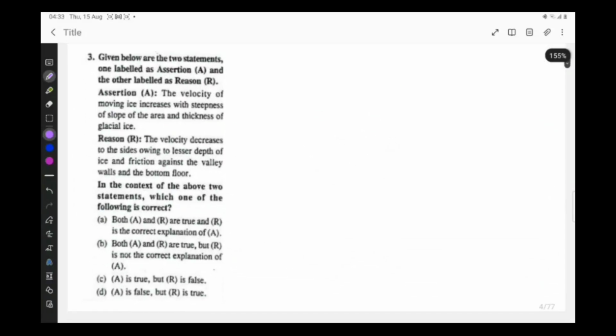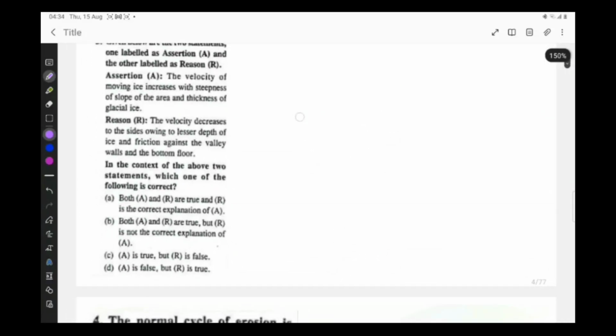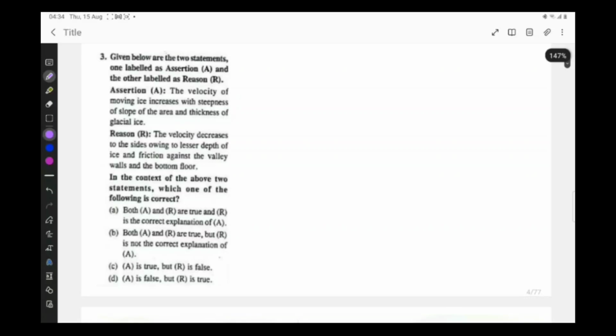The next question. The velocity of the moving ice increases with steepness of the slope of the areas and thickness of the glacial ice. Reason: the velocity decreases to the sides owing to lesser depth of the ice and friction against the valley walls and the bottom floor.